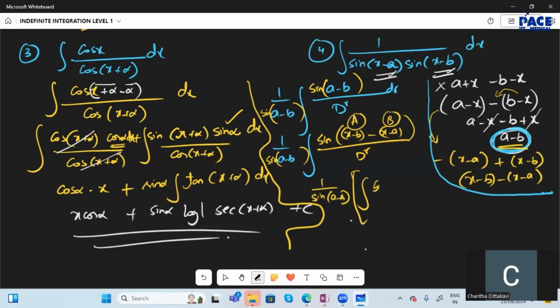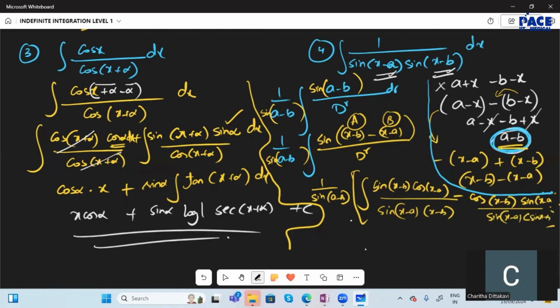Apply very carefully. So this is sine A cos B minus cos A sine B. Right. Now whole upon your denominator. Denominator is sine x minus A, x minus B. Here also sine x minus A of sine x minus B. All right.